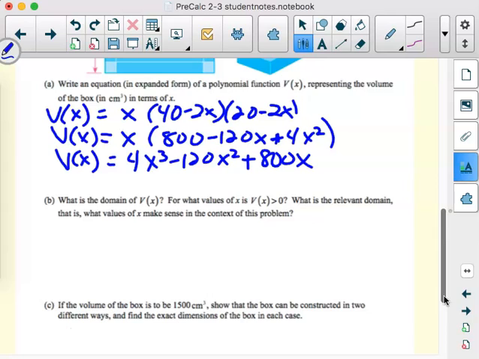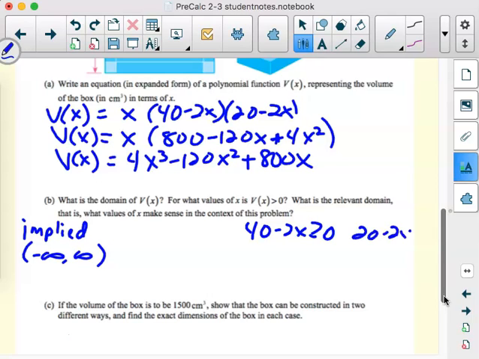The implied domain with this one, just like it was with the other one, would be negative infinity to infinity. But we know you can't have a box with negative sides. So we know that we have to go ahead and figure out when is 40 minus 2x greater than or equal to 0? When is 20 minus 2x greater than or equal to 0? So that we can figure out what that upper value for our domain should be.